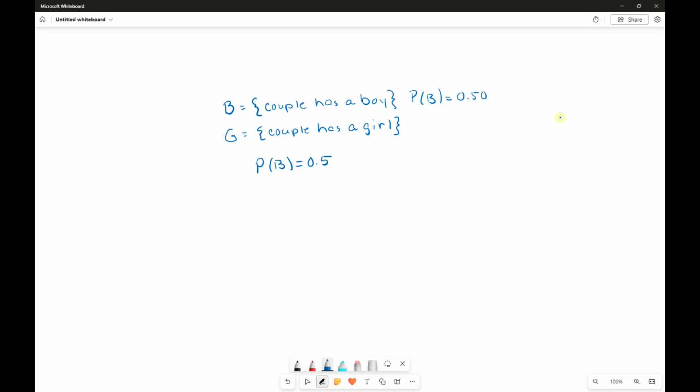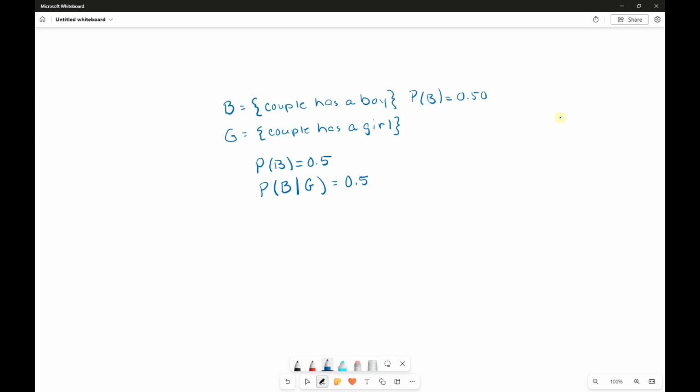All right, so probability of a boy, like we said, is 0.5. Let's just say, what is the probability that a couple has a boy given that they had a girl prior to that? So the boy would be the second child. Well, that's going to still be 0.5 because births are independent. It doesn't really matter what happened before. It doesn't influence what comes next.